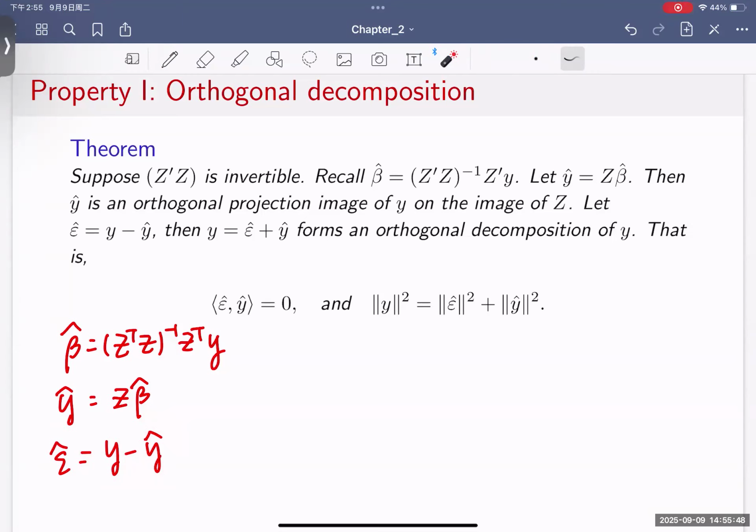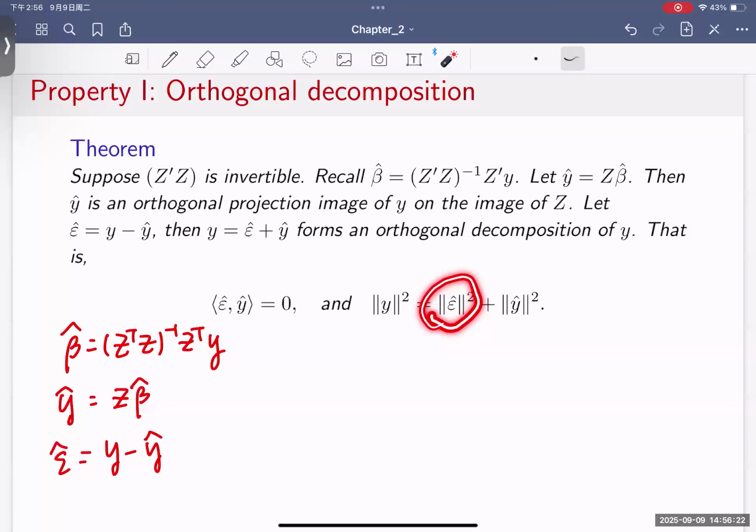So the first property we know is that this is a vector, this is a vector, and they are orthogonal to each other. This is what we stated here: epsilon hat and Y hat inner product is equal to 0. And more importantly, because they are orthogonal, we have this type of equation, so that our data, our target Y, is actually decomposed into two parts.